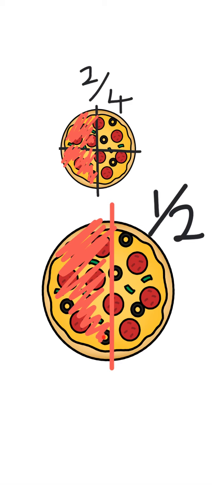Can you see how I've got exactly the same amounts between my 1/2 of this pizza and my 2/4 of this pizza? 1/2 and 2/4 are exactly the same amounts. 1 out of 2 and 2 out of 4 is the same amount. So when we're talking about 2/4, 2/4 is the same as 1/2.